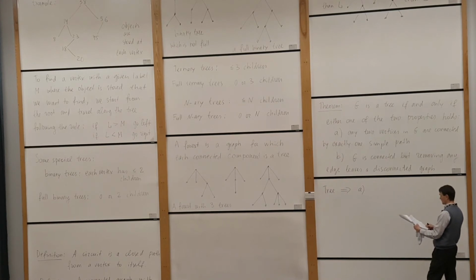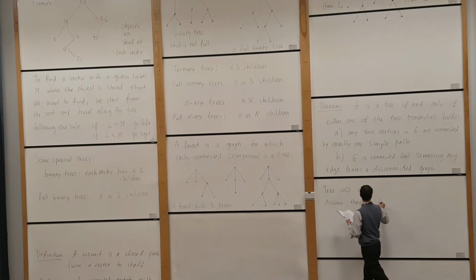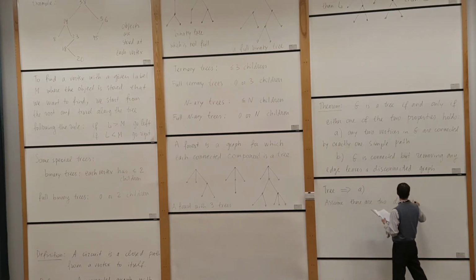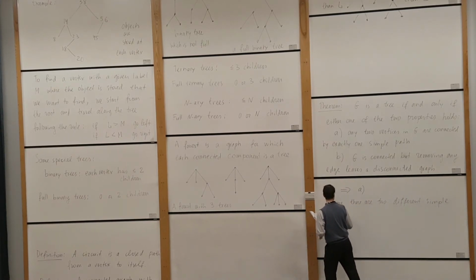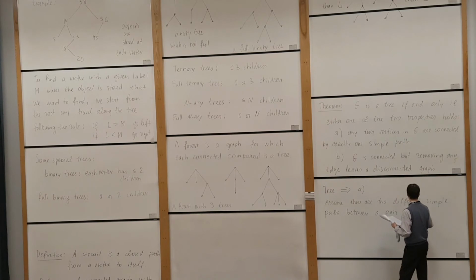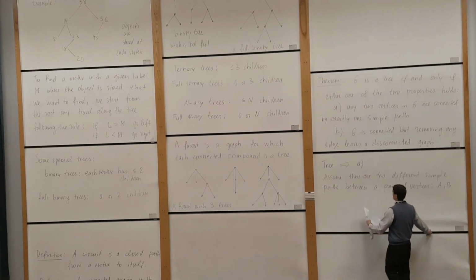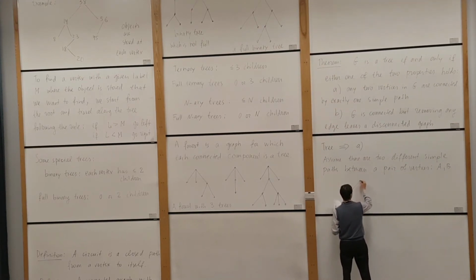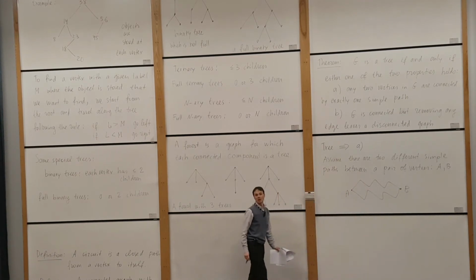So I assume I have a tree, then assume there are 2 different simple paths between a pair of vertices, call them A and B. Well, then if I draw it, there's one path from A to B, and then if there's a different path, then the 2 of them form a circuit.